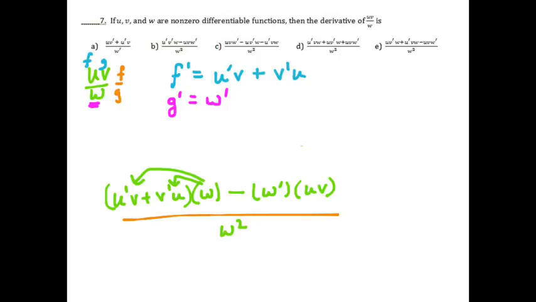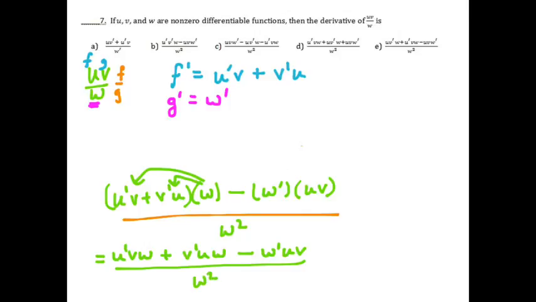So this would be u prime v times w plus v prime u times w minus w prime times u times v, all over w squared. I don't have all those function letters in the same order for each term, but if you look closely enough, you'll see that answer matches answer E.